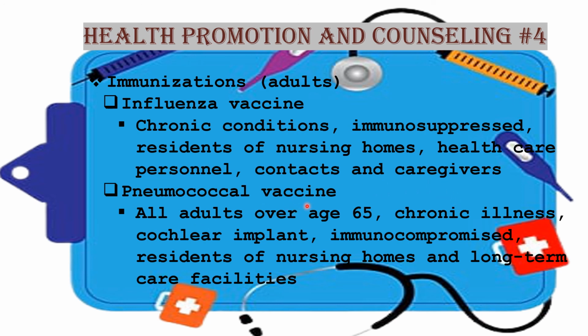The pneumococcal vaccine is vital for all adults over age 65 because they are at very high risk of being infected with pneumonia. Also for chronic illness, cochlear implant, immunocompromised residents of nursing homes, and long-term facilities.